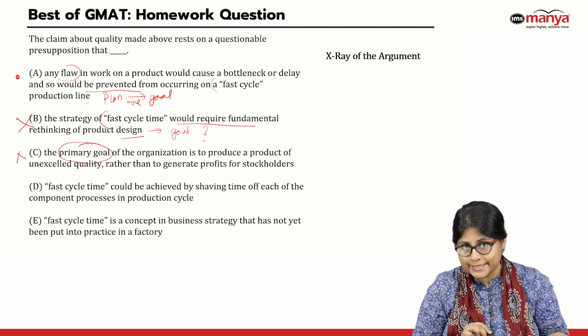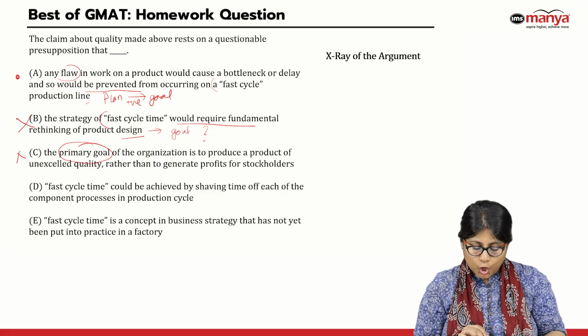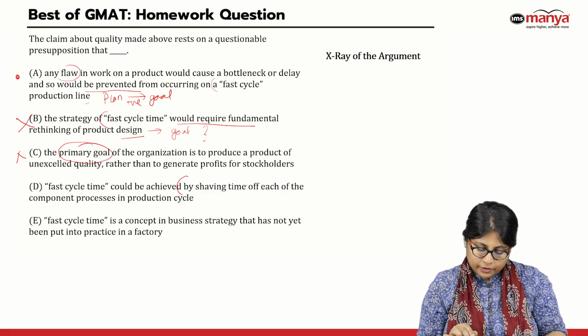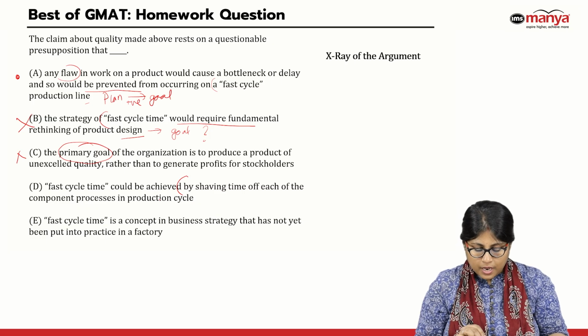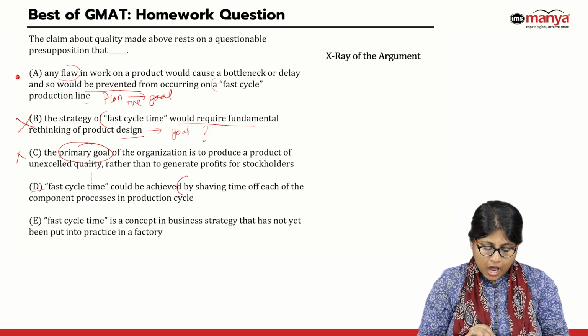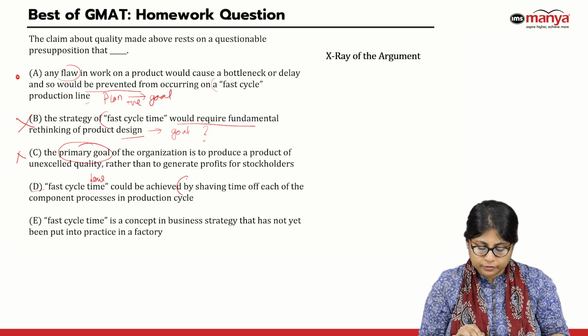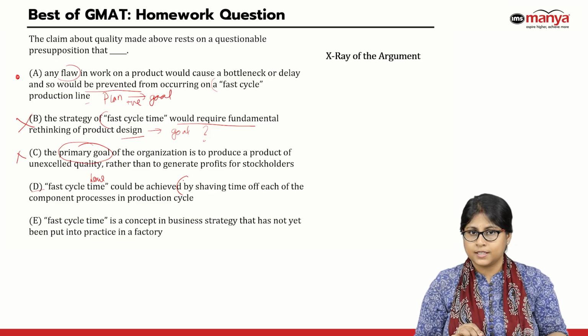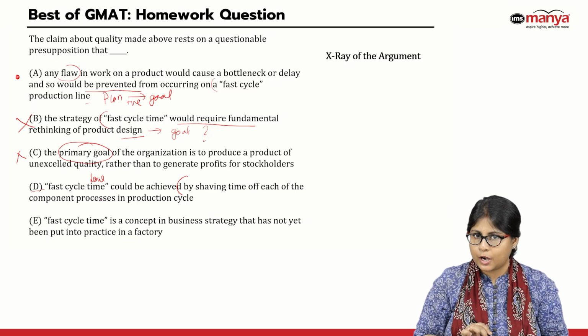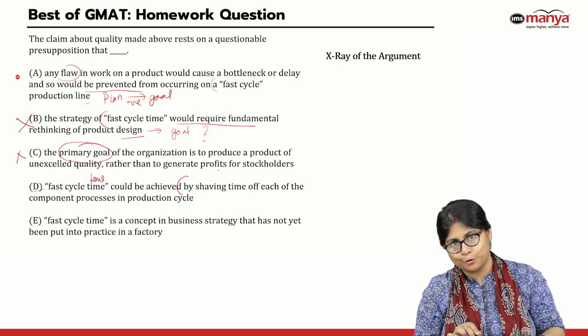What does option D say? Fast cycle time could be achieved by shaving time off each of the component processes in the production cycle. Now, option D highlights how I will be able to achieve this plan of action. Again, it doesn't tell me whether achieving this plan of action will help me lead to the goal or not.